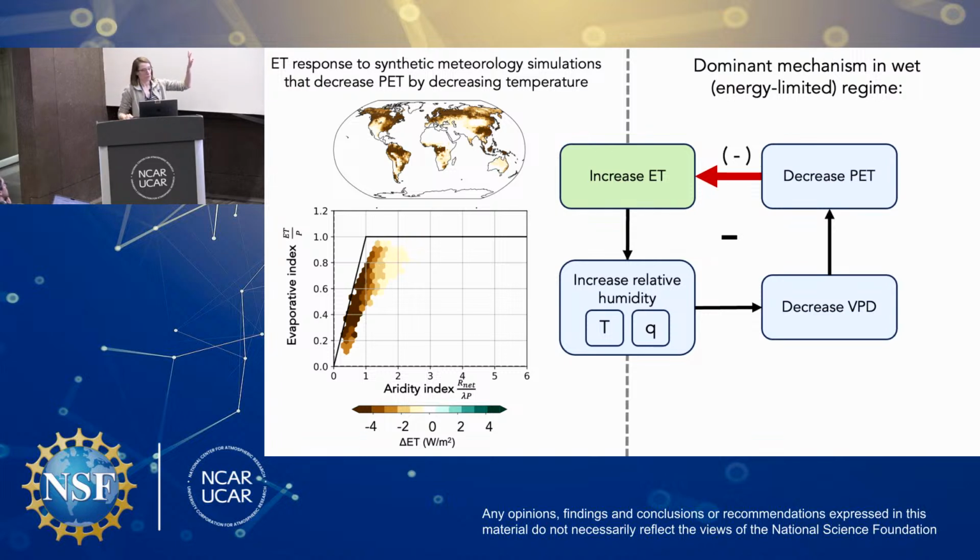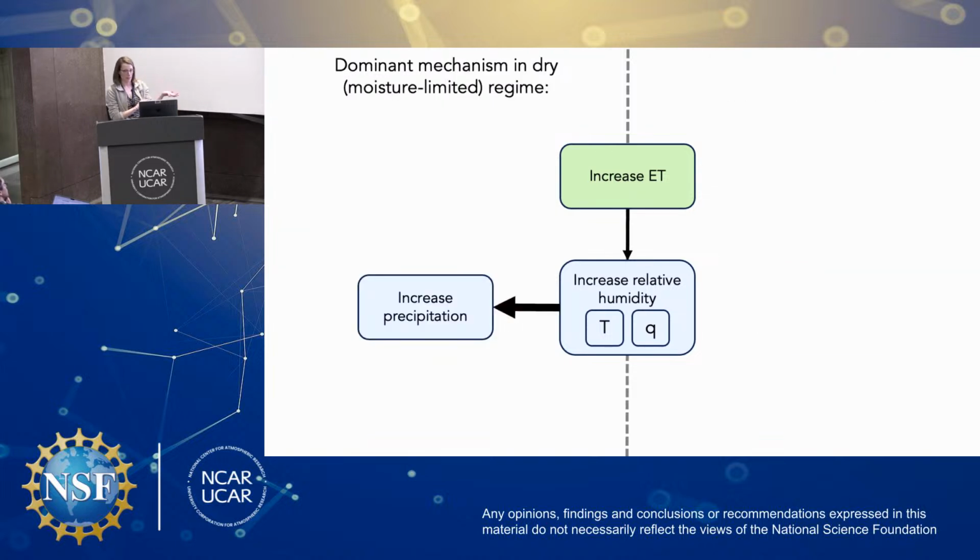This decreases potential evapotranspiration, but it only matters in the energy limited places. It doesn't matter much in a moisture limited location, because there what really matters is precipitation. So we have to think about a different feedback as being important in a moisture limited regime.